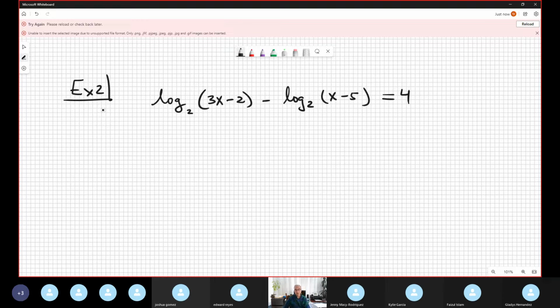Okay, again 4 on the right hand side. But this is minus. What is the first step? Always in logarithmic equations, I explain, step number 1: you have several logarithms, and you condense them.